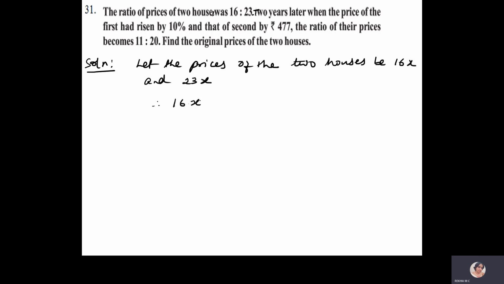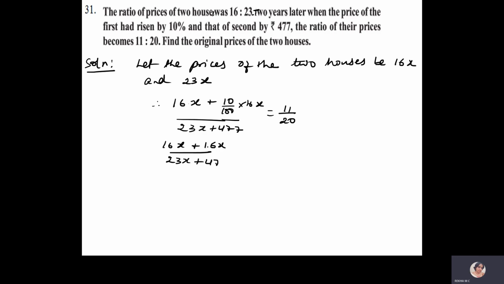Therefore 16x plus 10% of 16x, that can be written as 10 by 100 into 16x, divided by 23x plus 477 is equal to 11 by 20. So 16x plus 1.6x divided by 23x plus 477 is equal to 11 by 20.